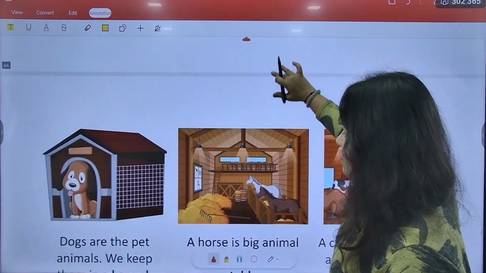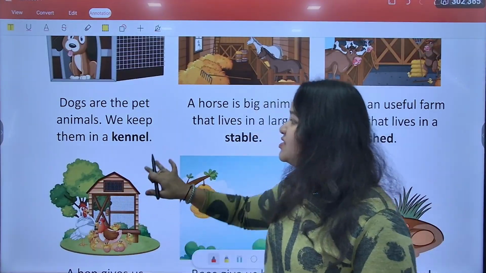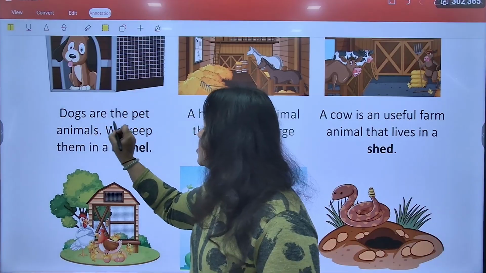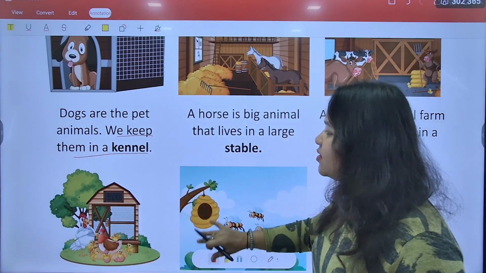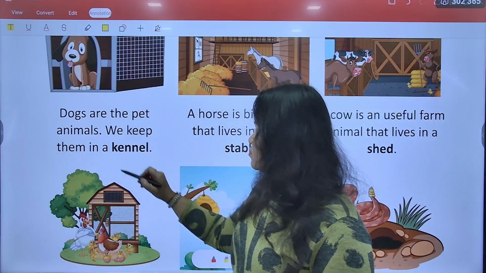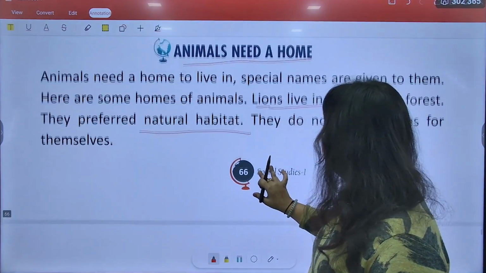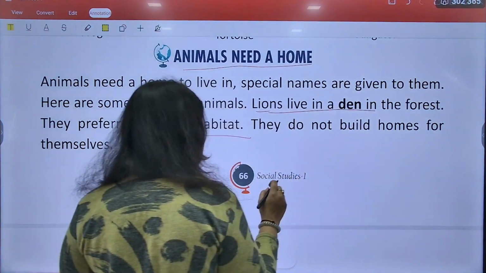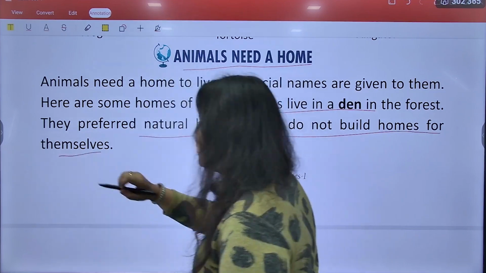Some of the pets have houses that are made for them. Dogs are pet animals and they love to live in a kennel. So they do not build their homes for themselves.